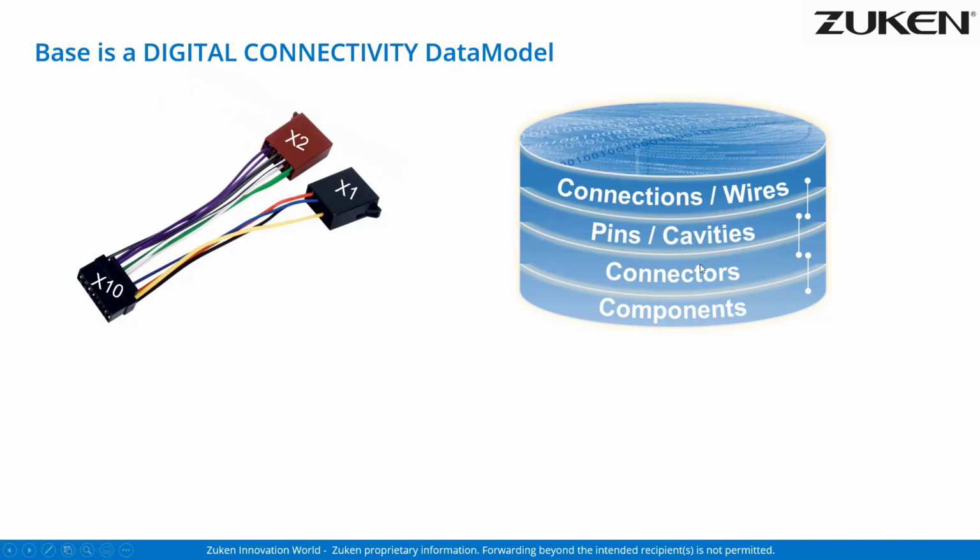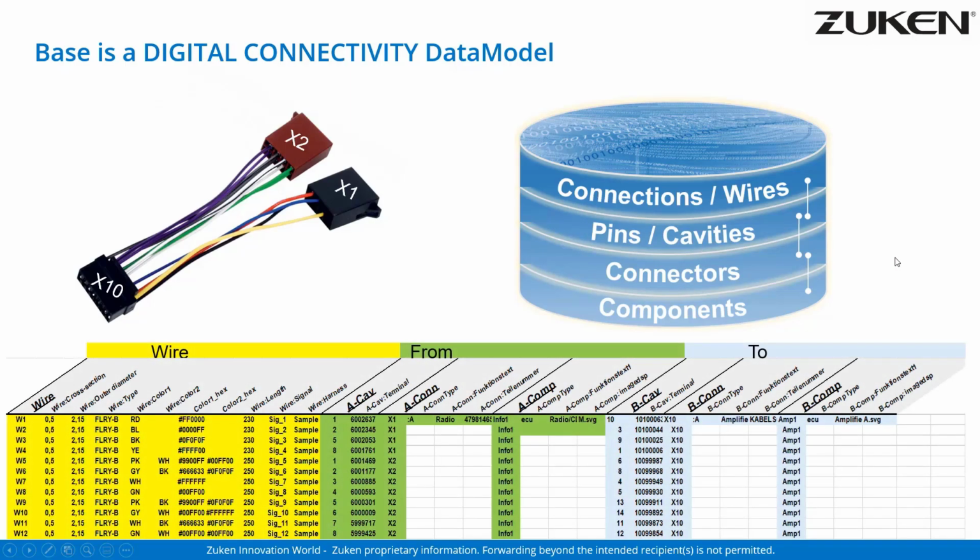This data model could be an SQL, could be an XML, or here in this other example, just an Excel list. This Excel list is describing exactly the connectivity data model for these few wires here. We always have the wire, the from, and the to information. In addition, of course, attributes describing more details.